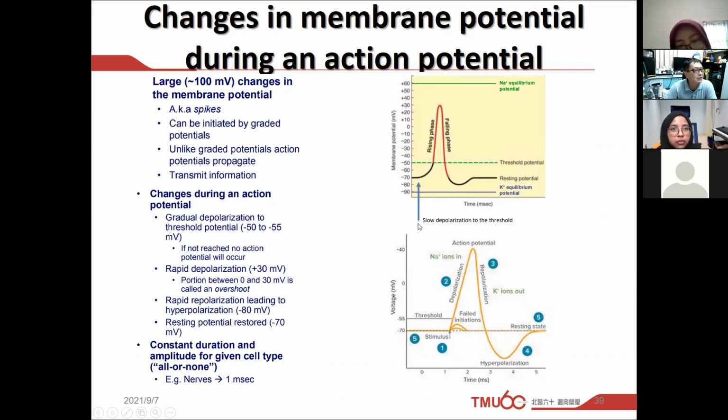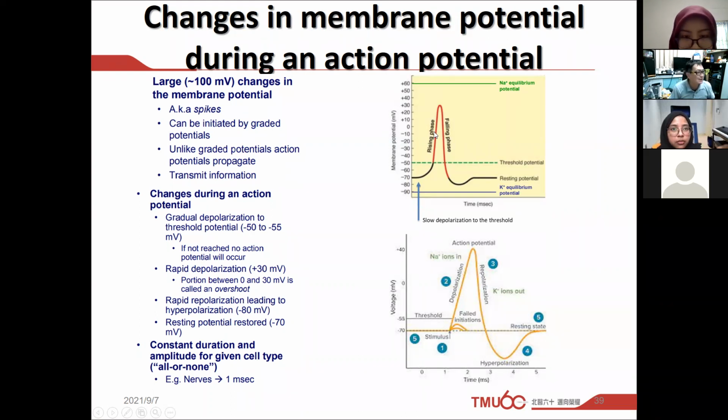And you can see that when you get this depolarization, I mean this stimulation here, the membrane potential is going to change until it is above the threshold potential, then it will induce depolarization and activate the sodium channel.